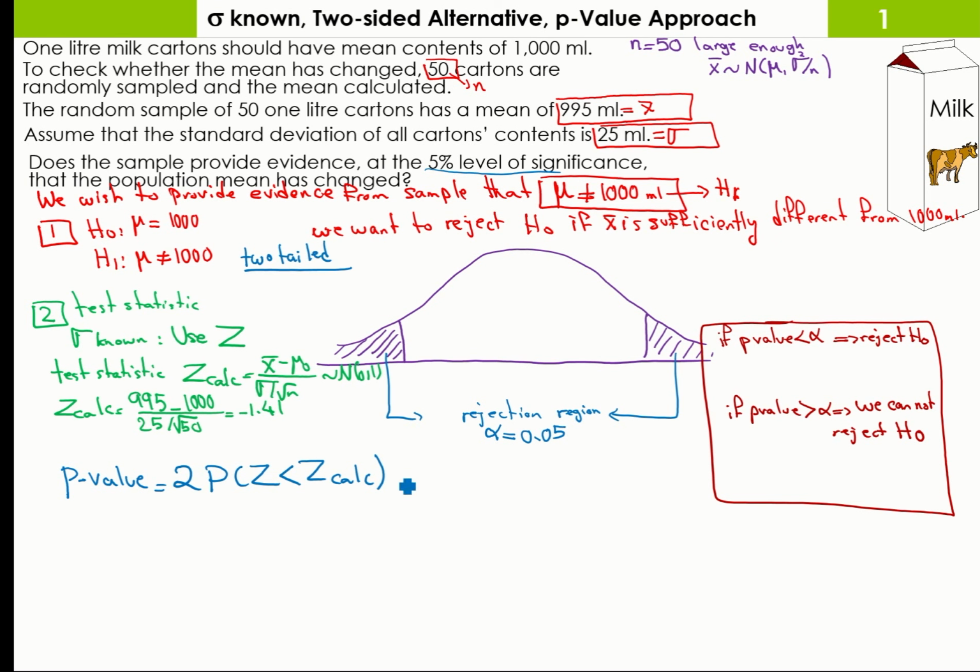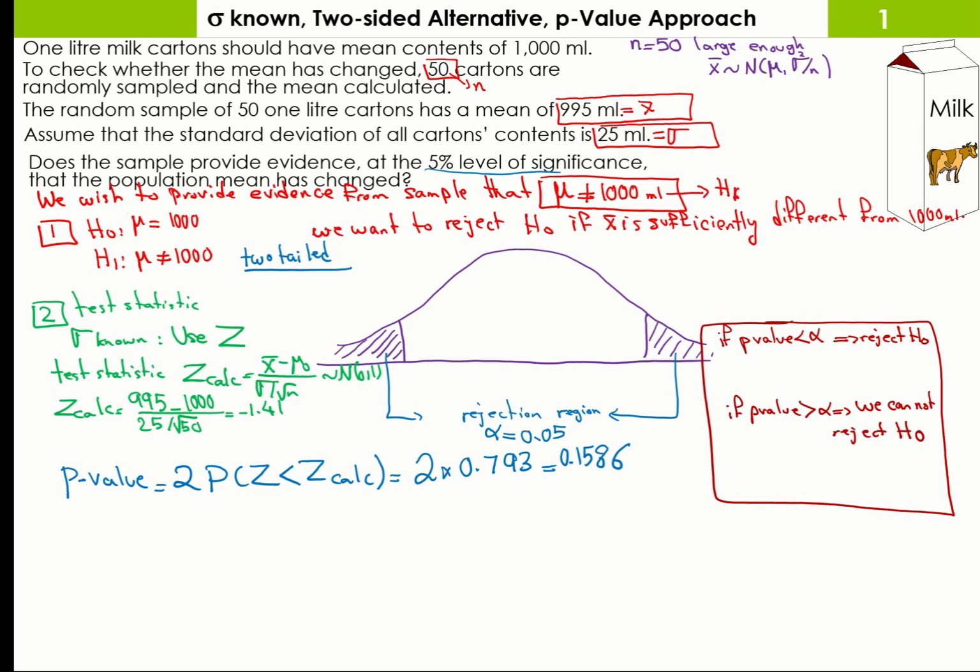Okay? So let's find this probability. This probability is actually 2 times 0.793. When you double that, you have 0.1586.